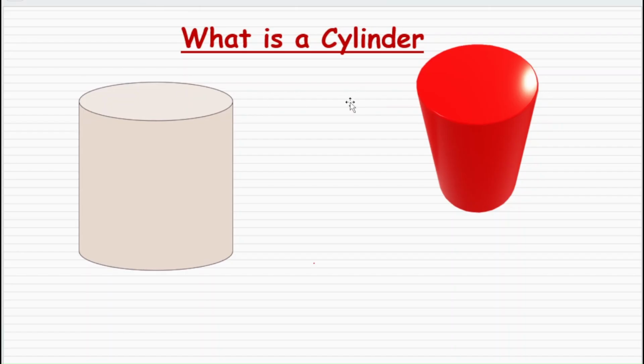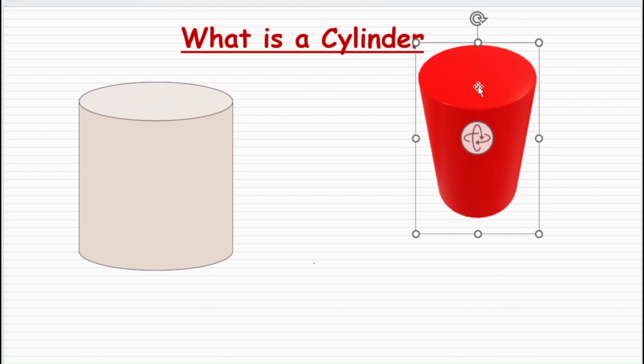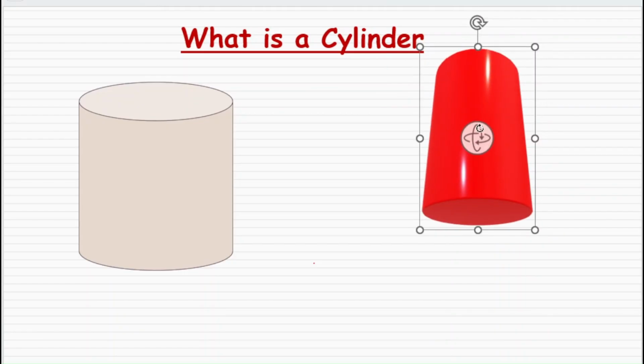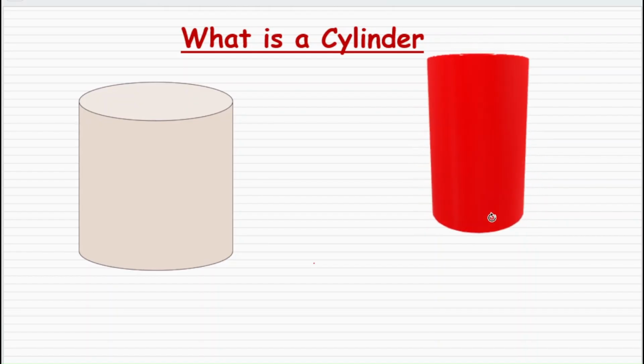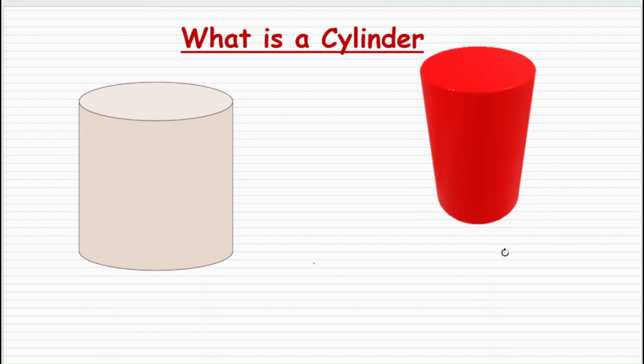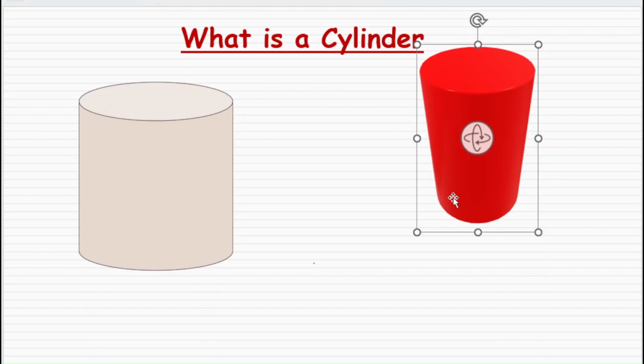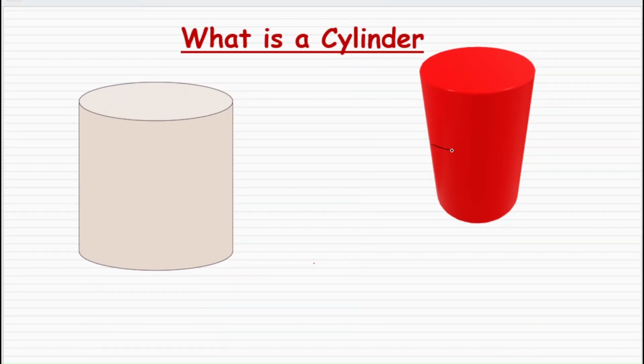So first of all, what is a cylinder? A cylinder is a 3D object, and it has two circular bases, one at the top and one at the bottom. If you look carefully, other than the circular bases, it has this round curved surface.